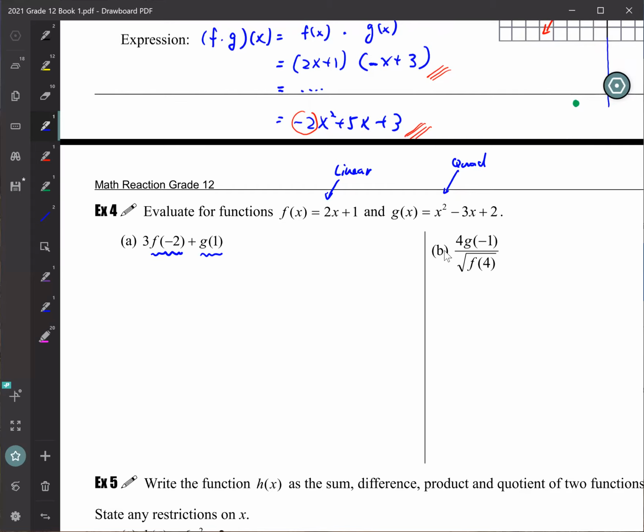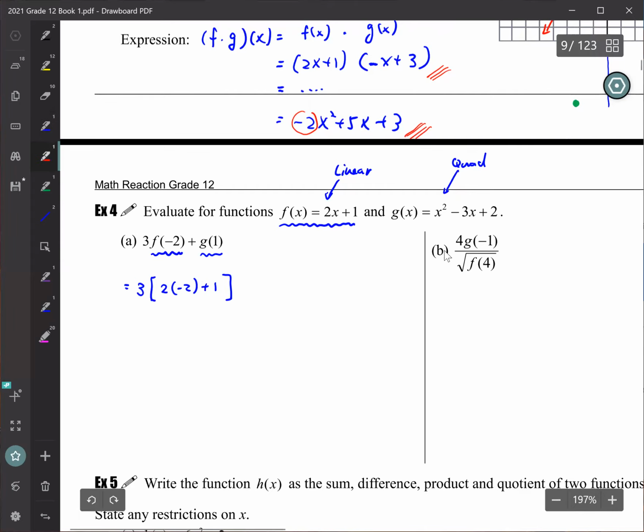I'll demonstrate the first one, and then you can try the second one. It'll be 3 times, you can use a bracket, f of -2. That means you need to sub it into the f function, with x as -2 as your input. Put -2 into the x, so you have 2 times -2 plus 1. I'll use a different color here.